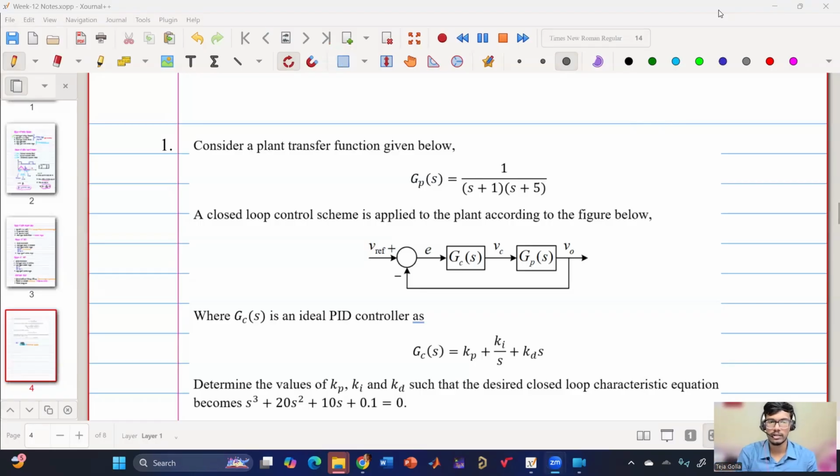So all of you, please give it a try. The hint has already been given. Another person, Arun, says Kp is 5, Ki is 0.1, and Kd is 14.